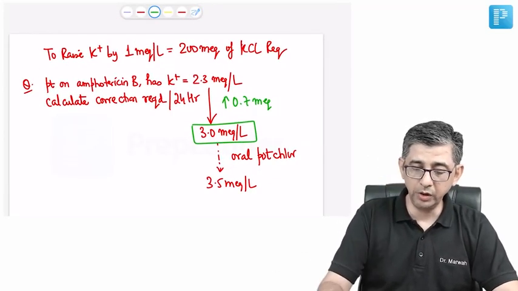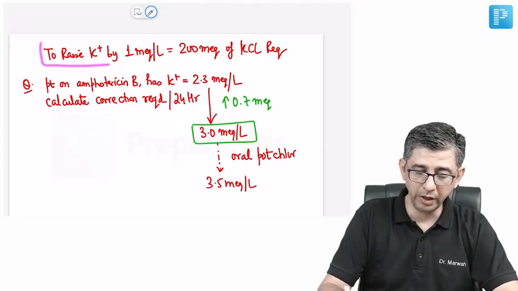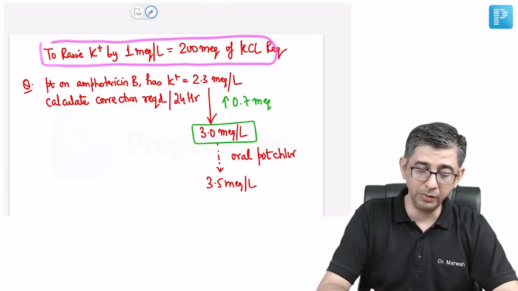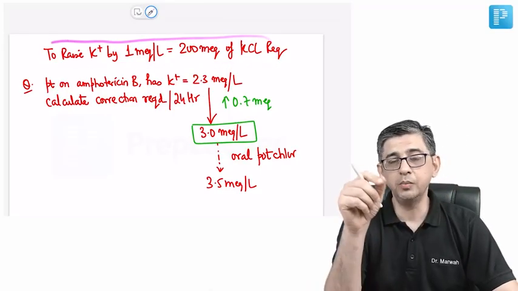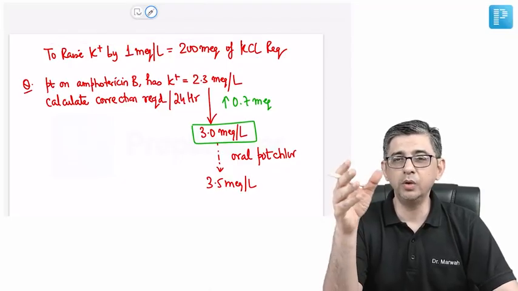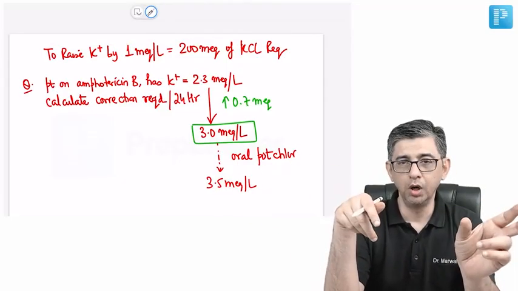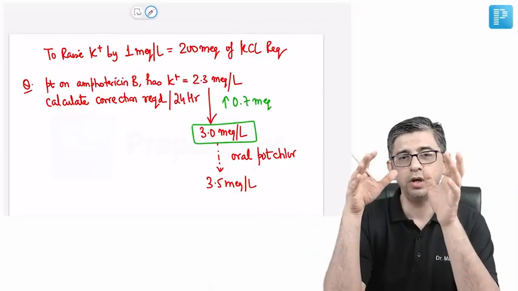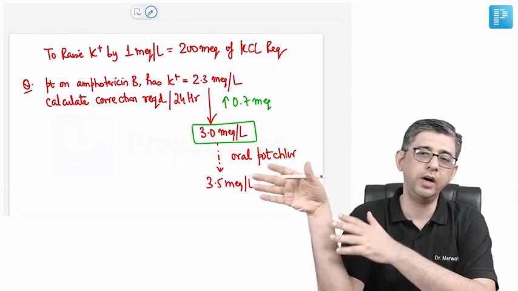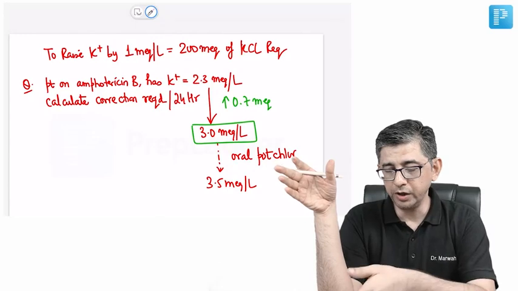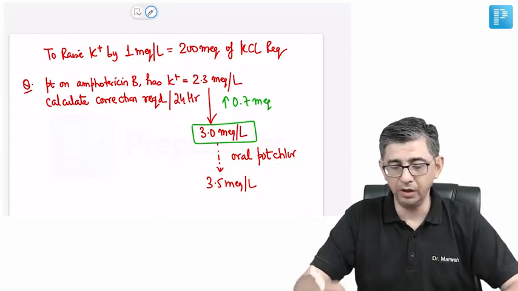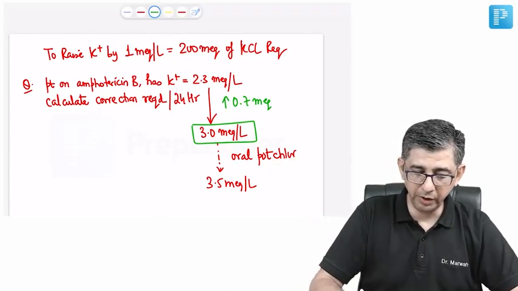Then the rule to be followed is this mathematical rule. Listen to the mathematics carefully: to raise the potassium in the blood by 1 milliequivalent, 200 milliequivalents of KCl needs to be added to IV fluid. Suppose the value was 2. From 2 to 3, I need to give 200 milliequivalents of KCl to be added to IV fluids. Here it is 2.3, so it's an increment of 0.7. So all you need to do is a bit of mathematics here.